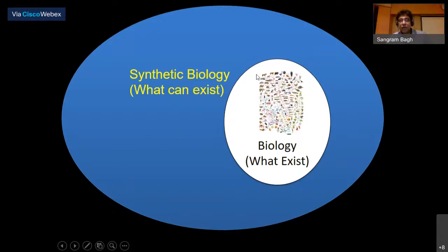What biology is today is a subset of what biology can exist. Unfortunately, we do not know what the boundary is. This boundary could be very small, and we cannot make much other than what evolution has already made for us. Or it could be very broad. We do not know yet. But it is a very important problem to understand what can exist and what its boundary would be. This is a fundamental question, or the philosophy of biology at this moment.